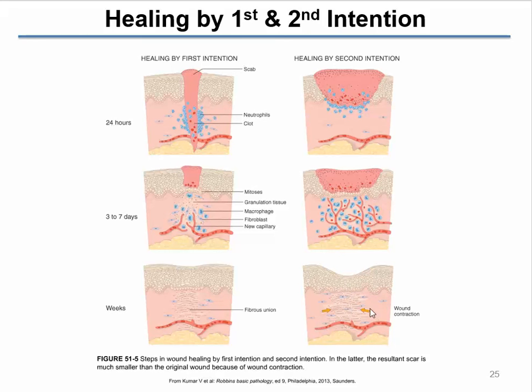This area is all scar tissue, but you don't get the hair follicles replaced. You don't get the sweat glands replaced, and this scar ends up looking more like a bad old scar. So that's it for this section.